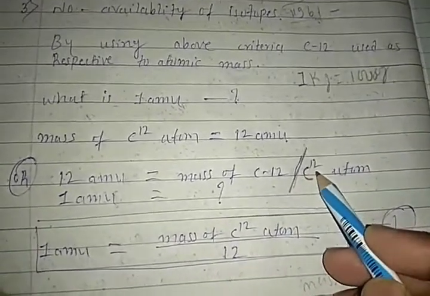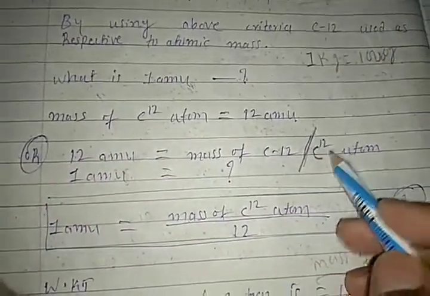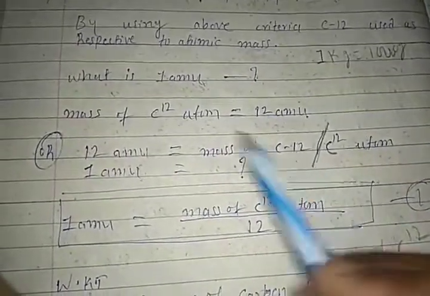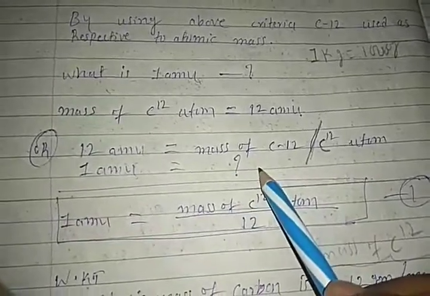The 12 written with carbon is the atomic mass of the carbon atom, right, students? 12 AMU means the mass of carbon-12. So 1 AMU means how much?